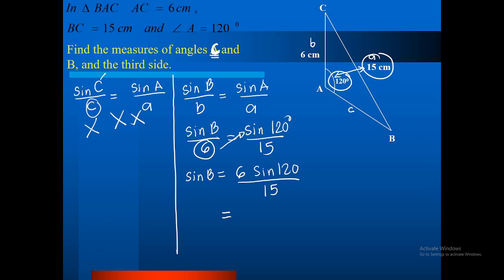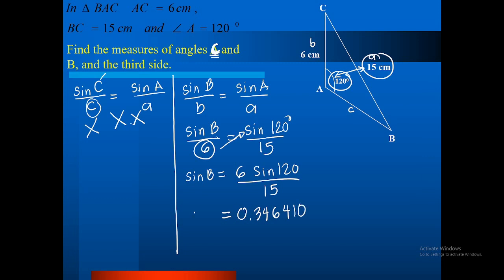Again, how much? How much are your answers? 0.346410. I have the same answer as that.